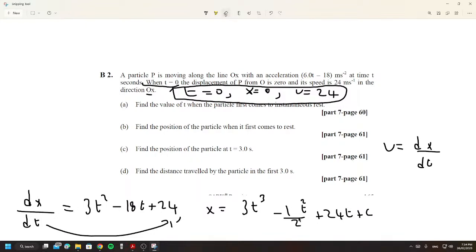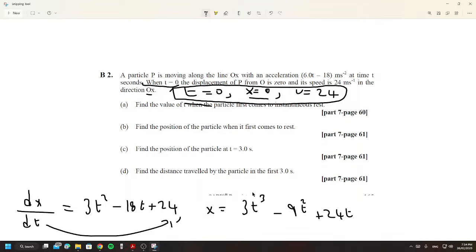This is basically 9. And then to find c, we have to substitute in these values. So when t is equal to 0, x is equal to 0. So the constant here is just going to be 0, so we can just remove this.